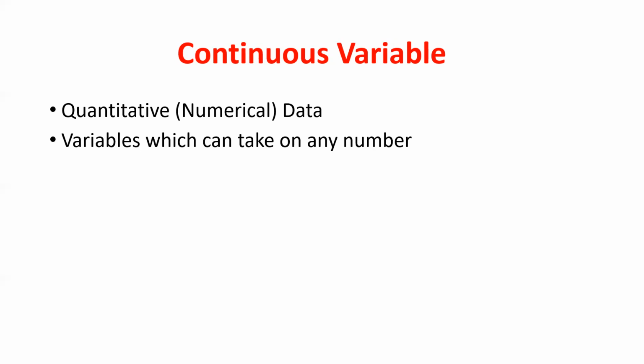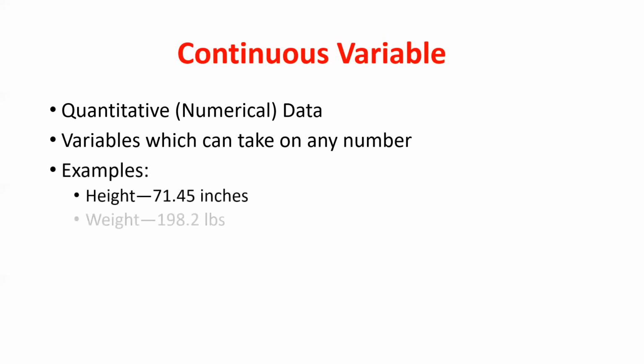Even if, say, I had states reporting the proportion of their population that was vaccinated, proportions can only be between 0 and 1. But even between 0 and 1, there's an infinite number of possible values I could see. So a truly continuous variable could have an infinite number of possible responses, with no gaps in between. It might start and stop at a certain point, but between the minimum and maximum value recorded, there's an infinite number of possible responses.